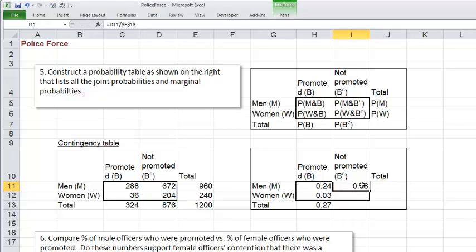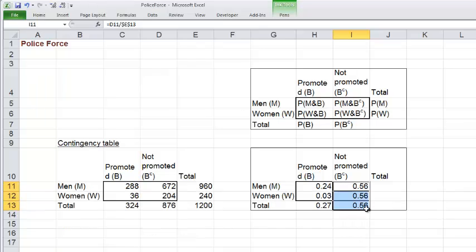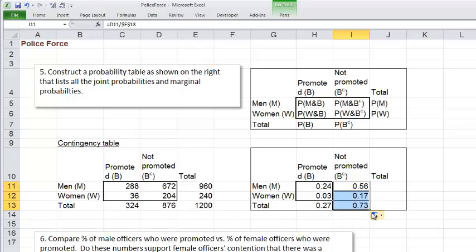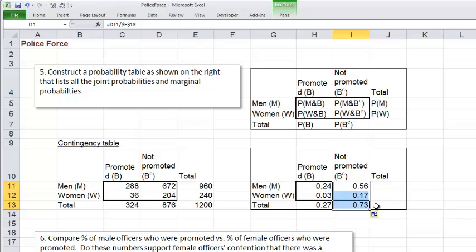Now I'm going to copy this down, and so that I don't ruin my formatting, I'm going to go over here and say fill without formatting. Okay, and then I'm going to also copy these across, and again fix the formatting, fill without formatting. So now I have the complete probability table.